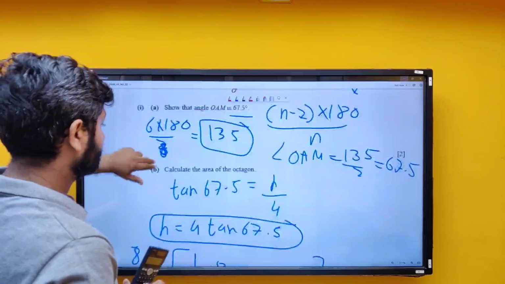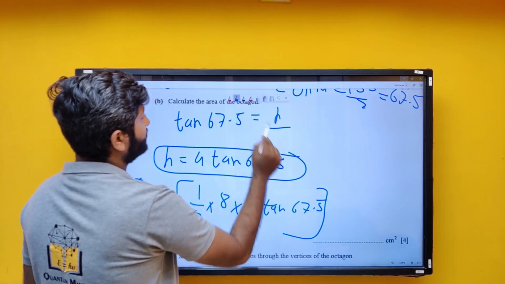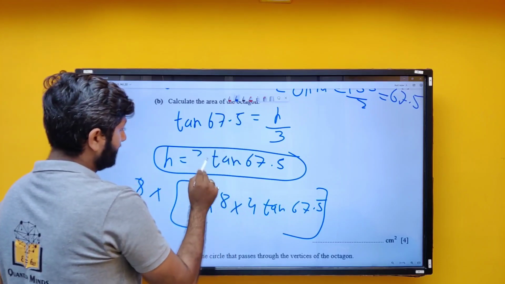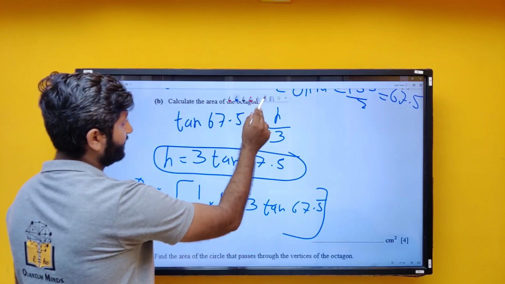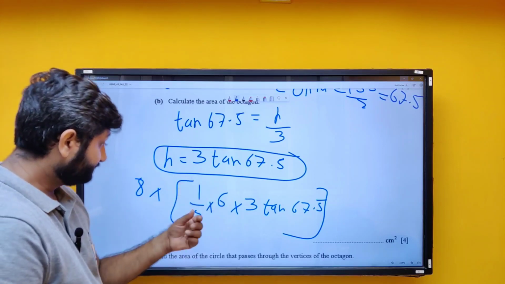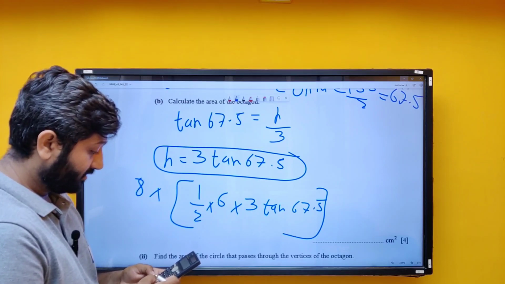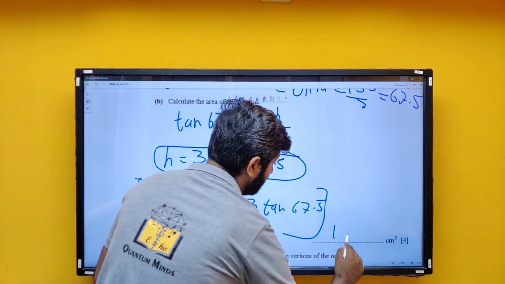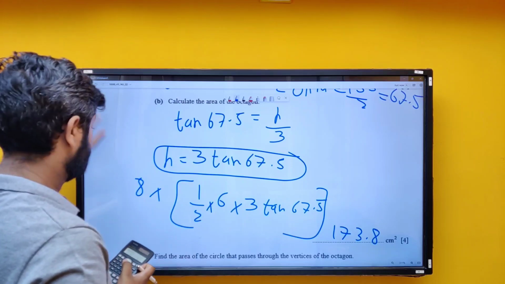If this is 3, then the height is 3 tan 67.5. This is going to be 6, so 9 tan 67.5 into 8. So the area of the octagon is 173.8 centimeter square.